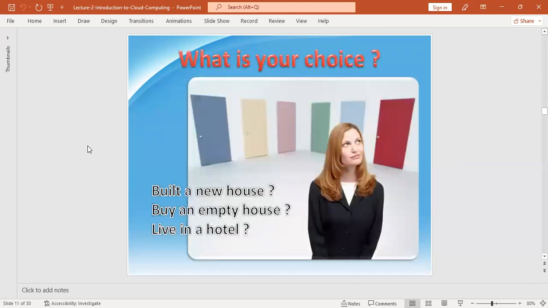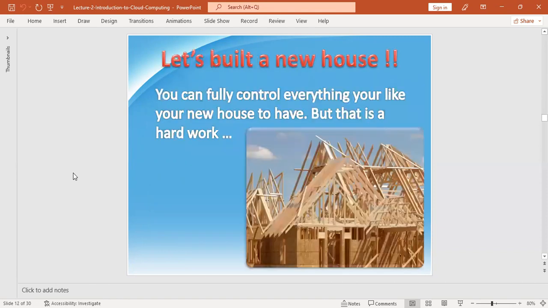So what will be my choice? I'll have to buy a new house, or buy an empty house, or I'll have to live in a hotel. So I'll have these options.